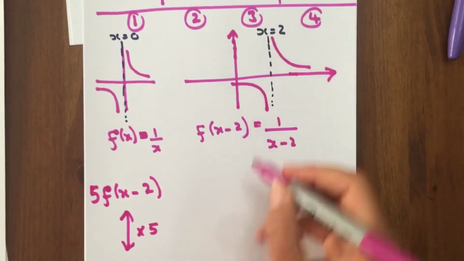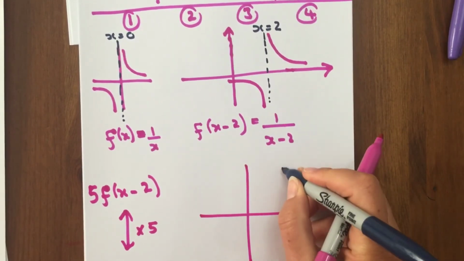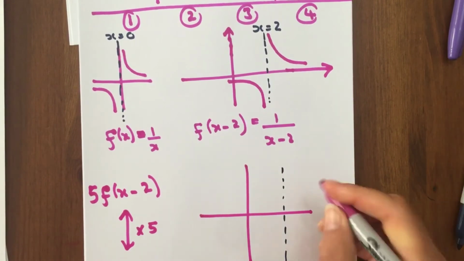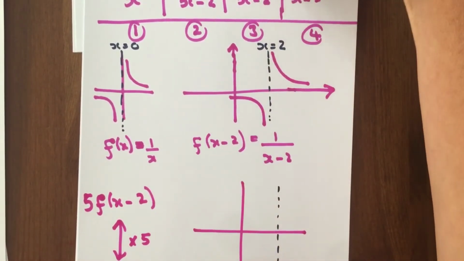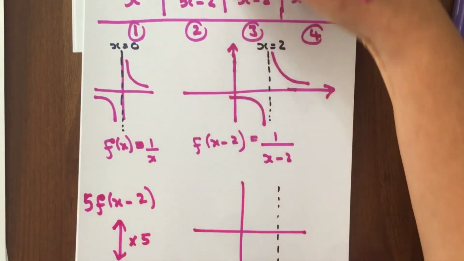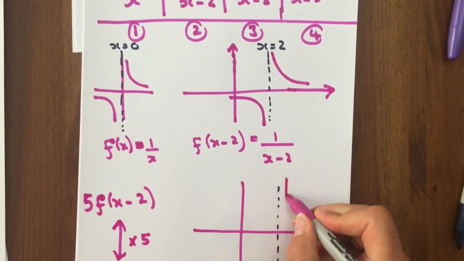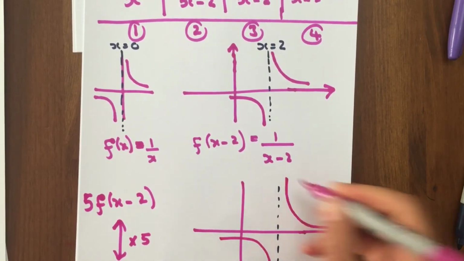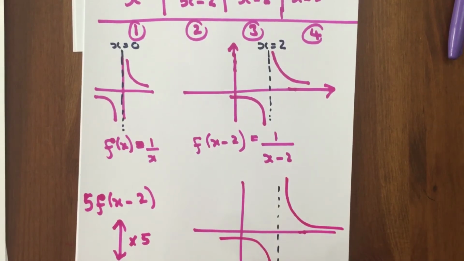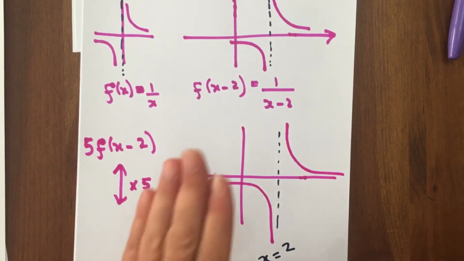So if we look at this graph here, this is my stage 3. This is what the graph looks like. And now I'm just going to stretch it all up. So to be honest, it's going to look the same, just stretched higher. So it's just going to be like this, just a bit more stretchy. But to be honest, it's almost the same. So that's my 3rd stage.